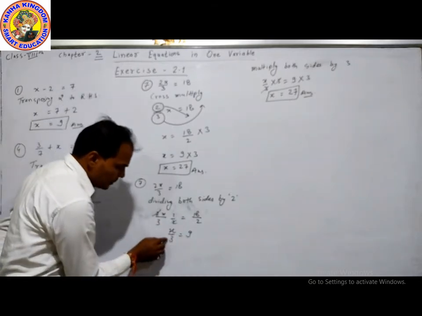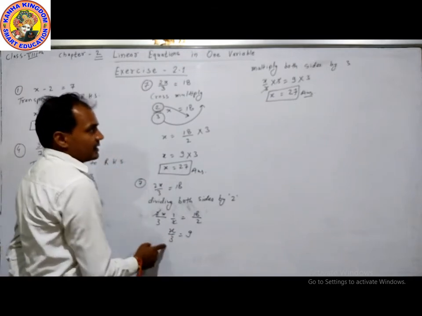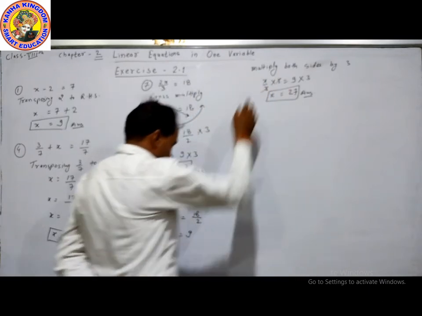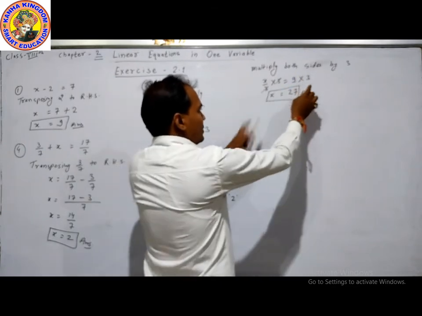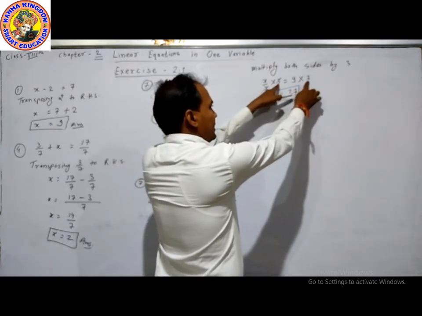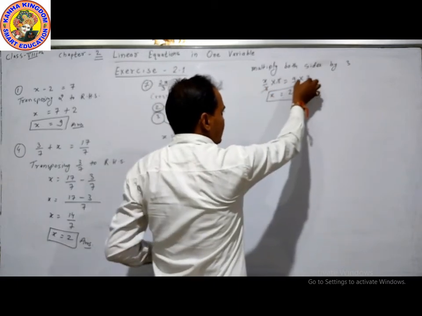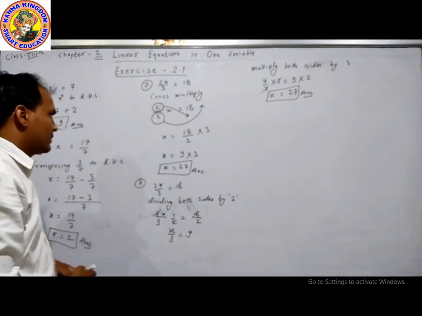We have to remove 3, so we multiply by 3. Then 3 and 3 will cancel out. Multiply both sides by 3. The equation is x by 3 is equal to 9. We multiply by 3, 3 and 3 cancel out. Remaining is x. 9 into 3 is 27. This is our final answer.